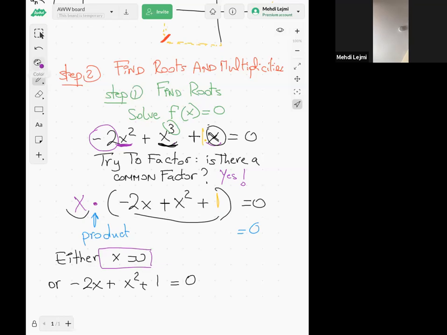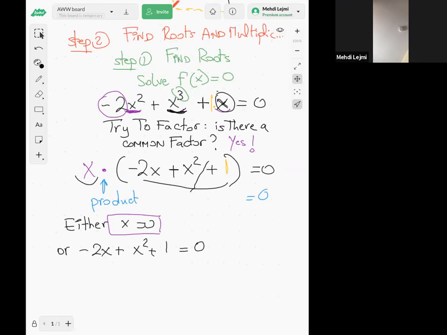Now we have to solve x squared minus 2x plus 1. This is just a quadratic equation, right? So I can use the quadratic formula.